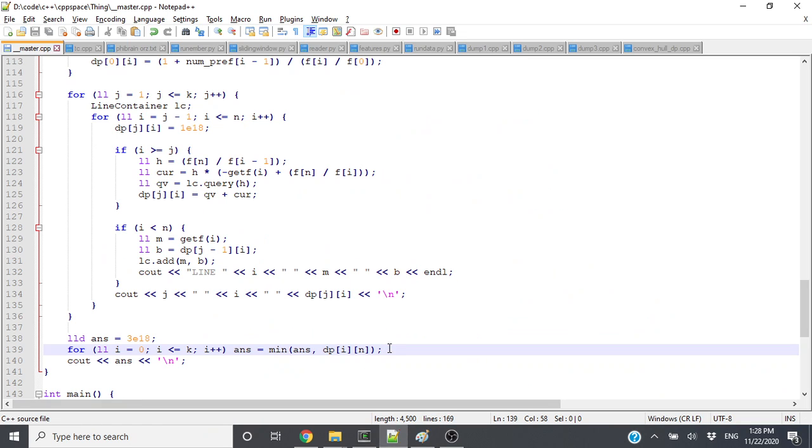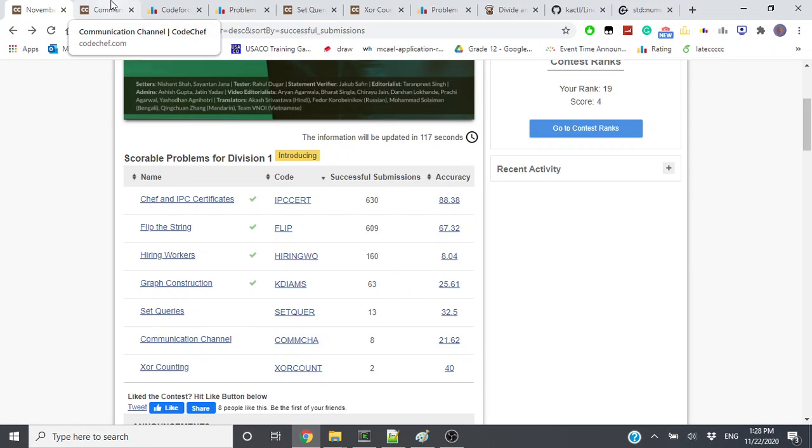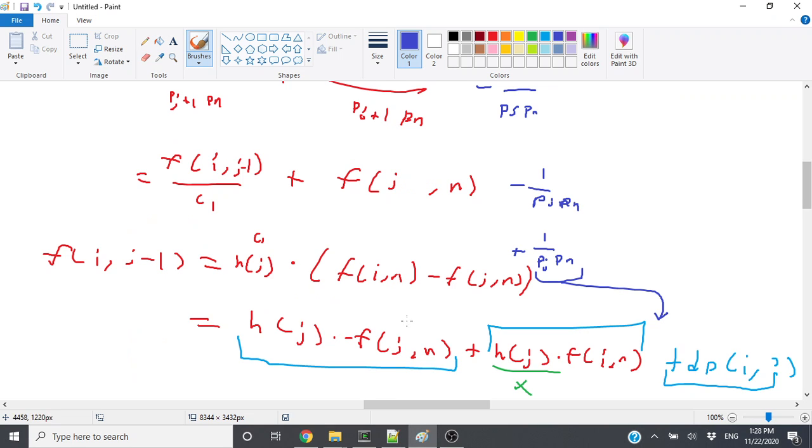What have I done wrong? Am I doing the code wrong or the math wrong? That's also a question. So h of j times f of in minus f of jn.